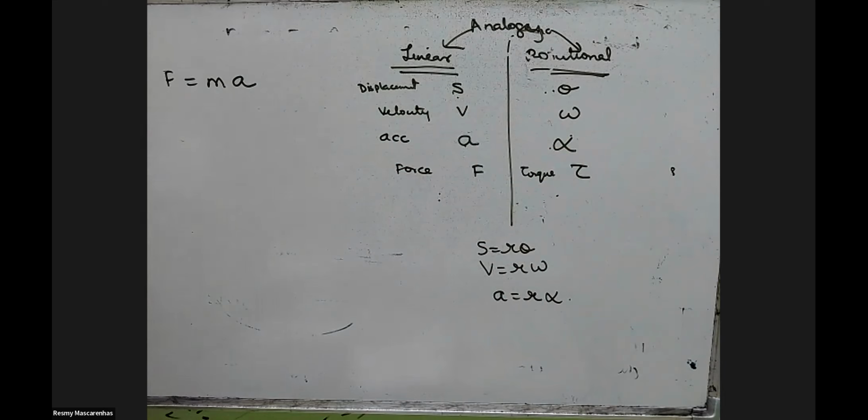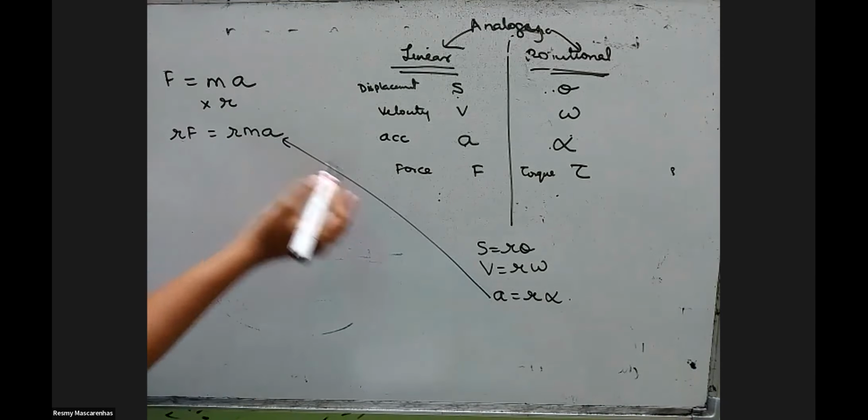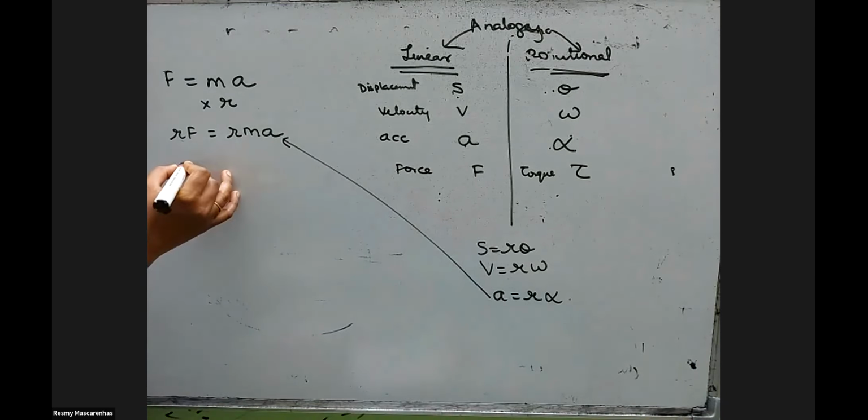Okay. So same way we'll see what is happening here. We'll multiply it by r on both the sides. This will be rF. This will be r into m into a. What is acceleration? r into alpha.